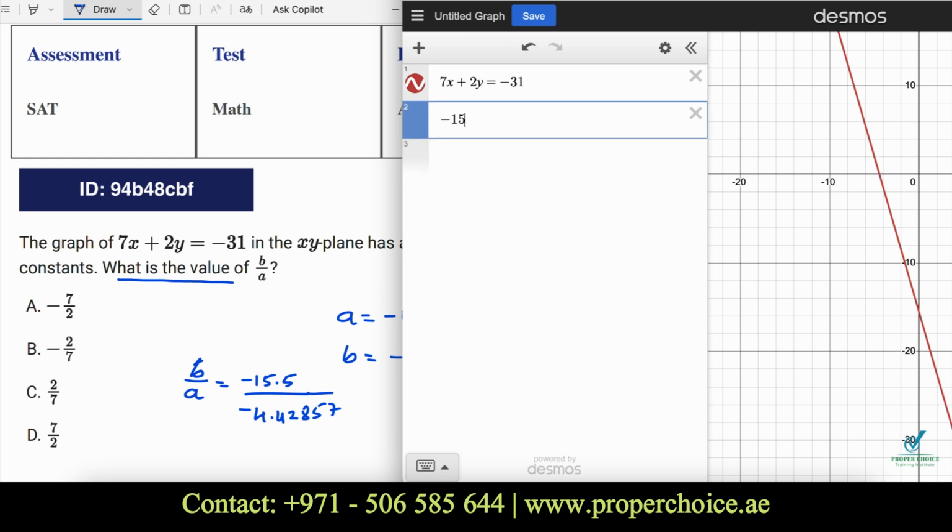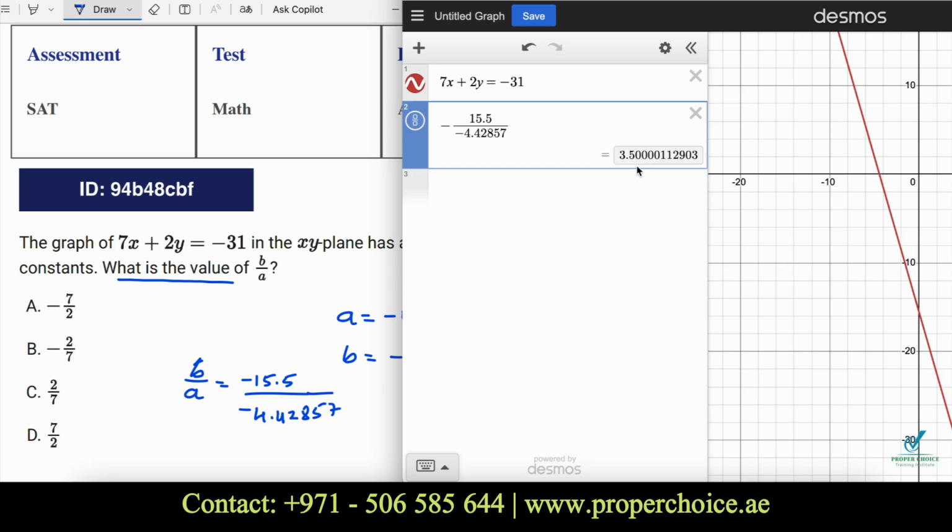Negative 15.5 divided by negative 4.42857. So what am I getting? I am getting 3.5000 something, approximately.